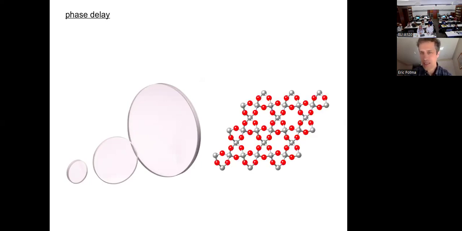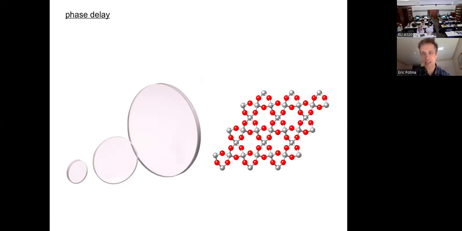And that's because basically this material, of course, is composed of a lot of atoms and electrons, and those electrons in particular respond to the light. They start to oscillate, and that oscillation has an effect on how the light can propagate through this material. So the light is affecting those electronic motions inside, but those electronic motions also affect the light that propagates through.